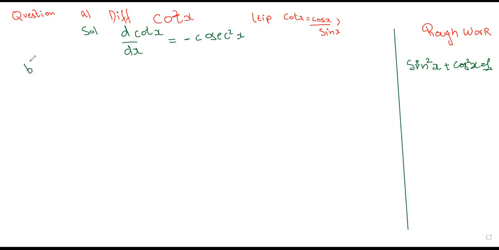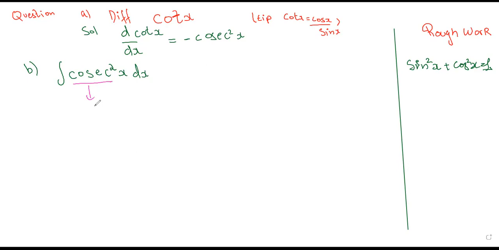Now the second part says you need to integrate cosecant square x. And how would you do it? Now again you need to use the same method.